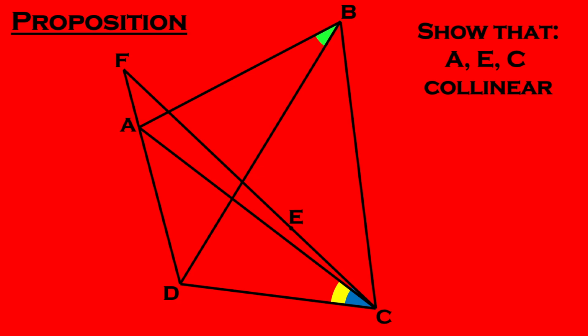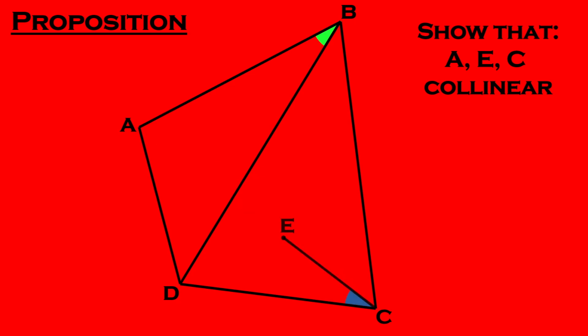Therefore, the blue and the yellow angles must also be equal. But as we can see, in this case the blue angle is bigger than the yellow angle. And because the blue and the yellow angles cannot be at the same time equal and unequal to each other, point F cannot be lying on the extension of AD.